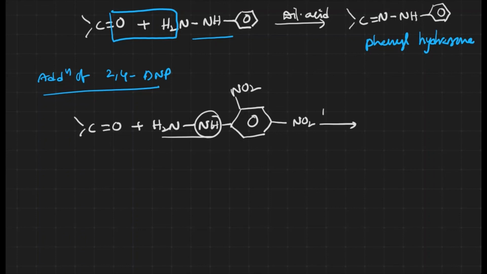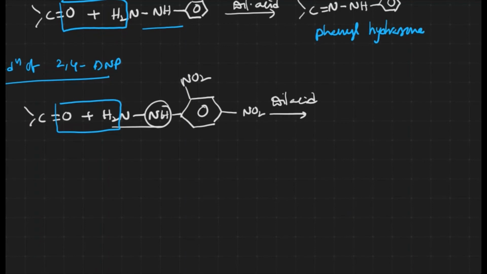In the presence of dilute acid, what happens? Again, one thing we have to remember: elimination of this H2 group takes place here. After elimination, what will we get? We'll get a structure like this. What is this? C double bond N, single bond, NH, single bond. It is phenylhydrazine, right?